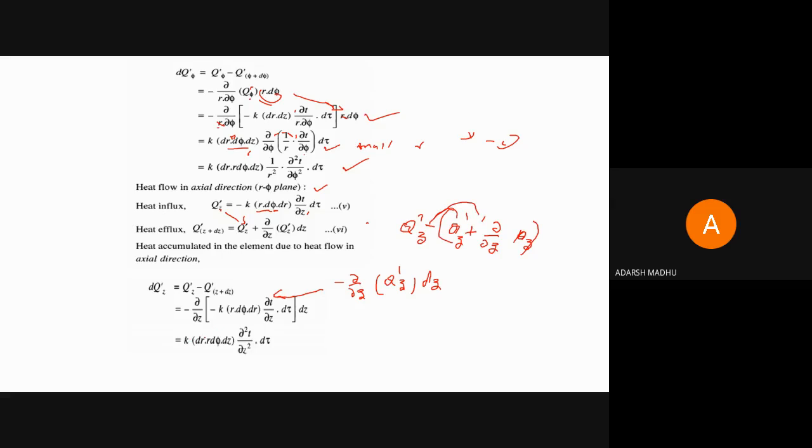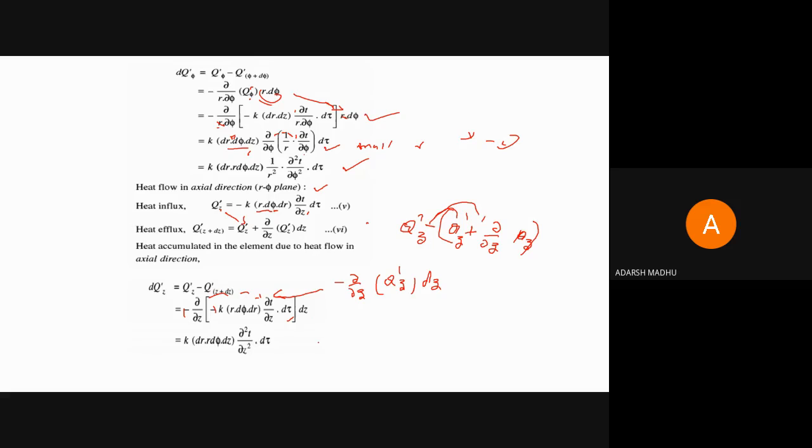K into dr, R d phi into dz is taken outside, and the remaining terms are negative and negative, which get cancelled. So dou by dou z into dou t by dou z gives dou square t by dou z square, multiplied with the volume term and d tau.